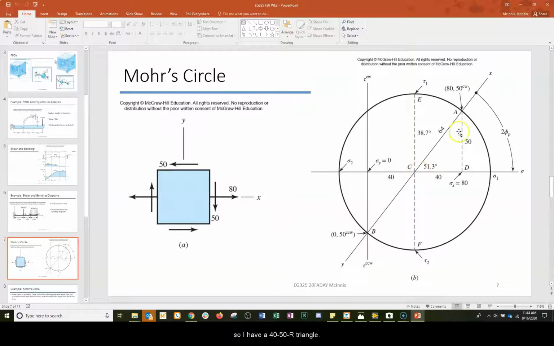So I have a 40, 50, and then this side is the radius, and from this diagram it looks like 64. Now I know my radius of the circle, and I can identify my maximum normal stress, sigma 1, my minimum normal stress, sigma 2, and my maximum shear stress. It's going to be equal and opposite at the top and bottom of the circle.